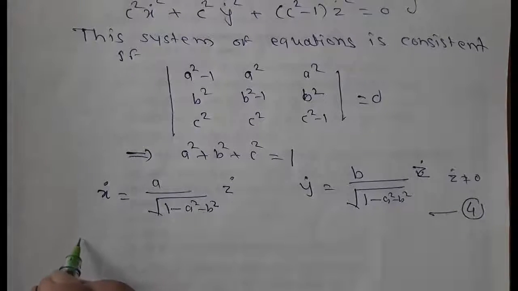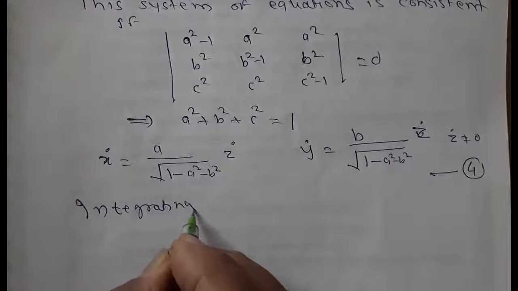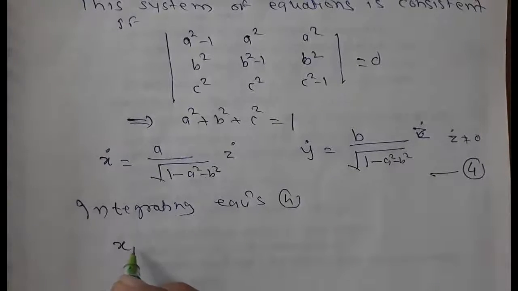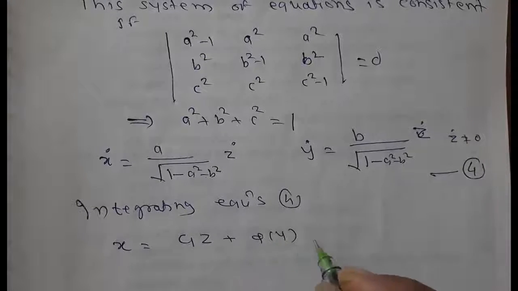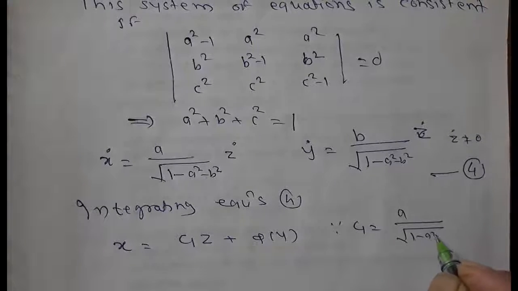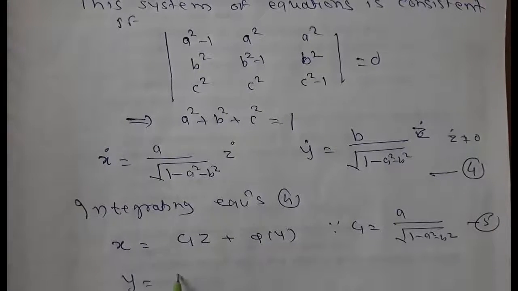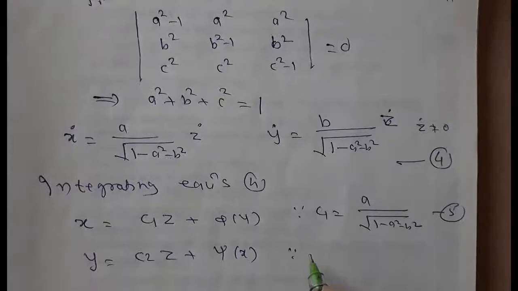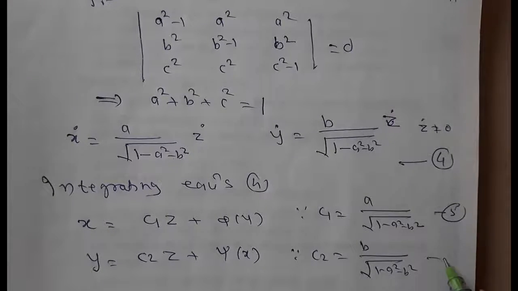Integrating equation 4, we will get x equal to c1 z plus phi of y, where c1 equal to a divided by root of 1 minus a square minus b square, and y equal to c2 z plus psi of x, where c2 equal to b divided by root of 1 minus a square minus b square.